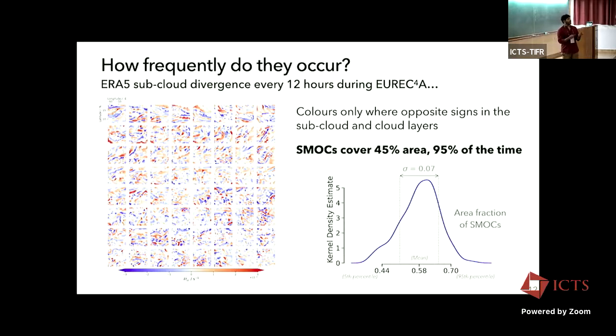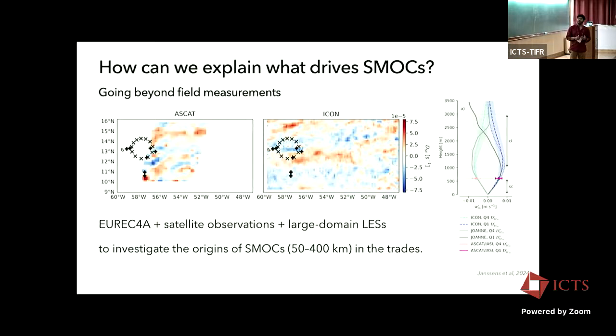How they interplay with each other is also not known, but now at least we know that all the variability that we saw in W, this variance from the mean but also the inter-day variability, can be explained by these circulations. So naturally, we wanted to go beyond the field campaign and see if we can get statistics of these shallow circulations and explain the mechanism of these circulations.